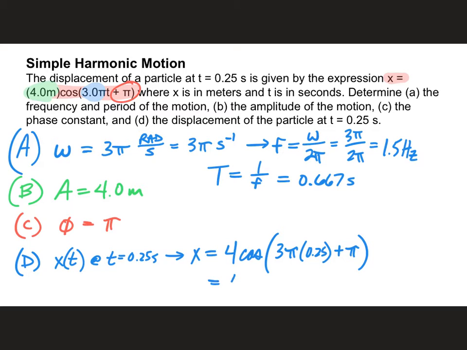And so this is going to be 4 cosine, and if you do the math, it's 1.7 pi. And in the end, we'll get 2.83 meters.